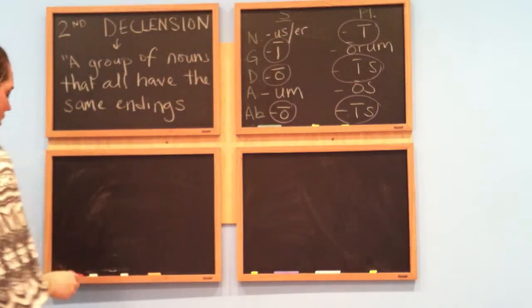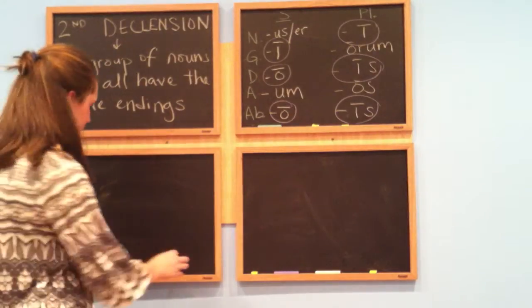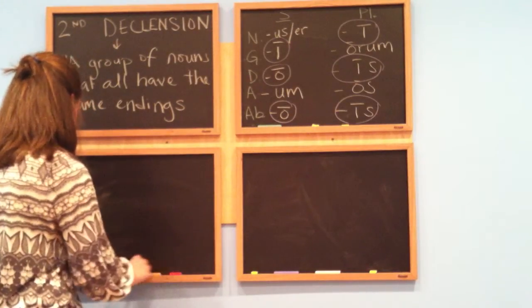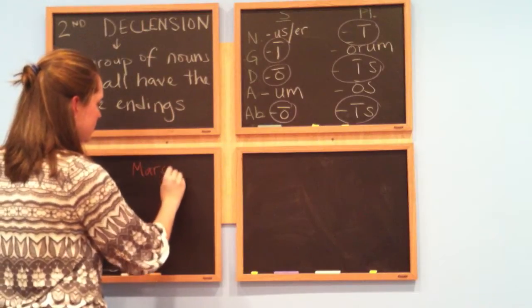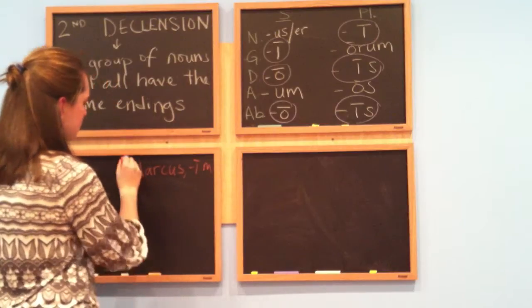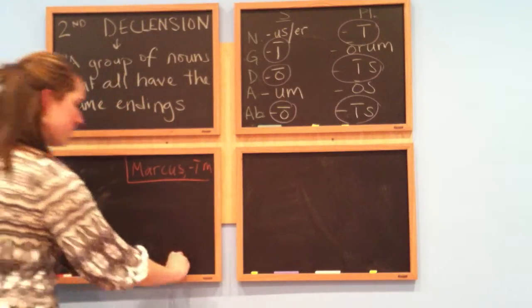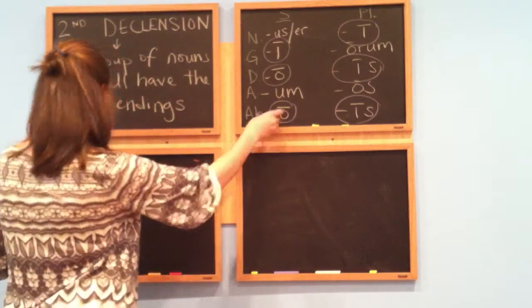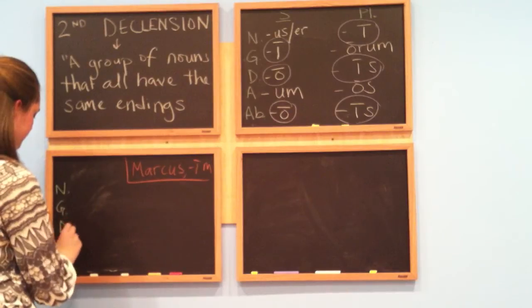An example of a second declension masculine noun ending in US is Marcus, a proper name. Marcus, the genitive is I, and masculine. So let's go ahead and decline Marcus. I'll make our little chart really fast.